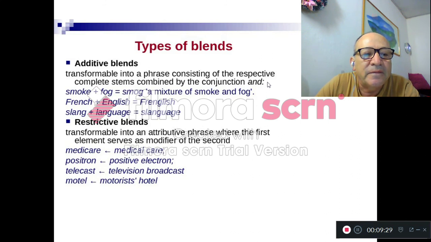Restrictive blends are transformable into an attribute phrase where the first element serves as a modifier of the second. Example, we have the first element, medical, and we have care. So medical modifies care.